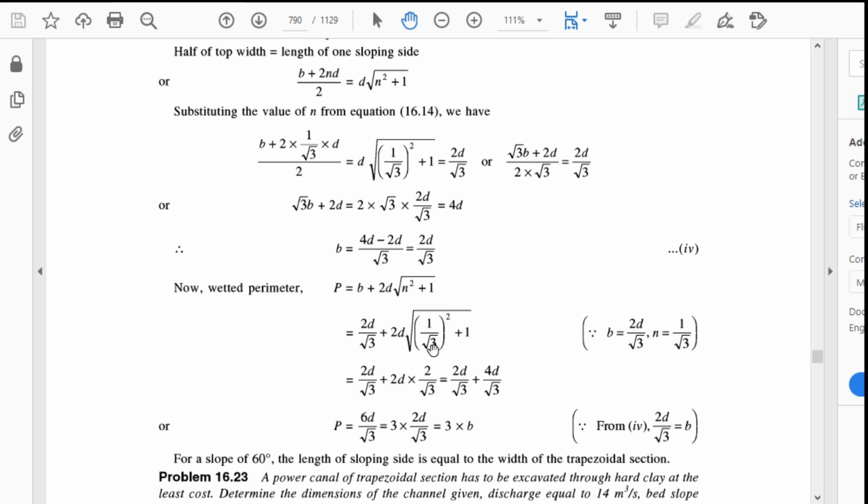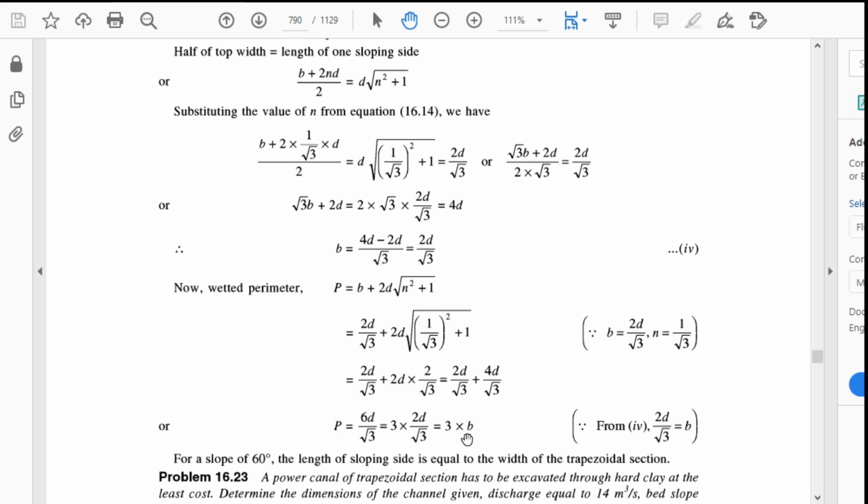For the best section, we simply substitute that b value and the n value in place of b and n. By simply doing the mathematical calculations, you will get the value of wetted perimeter as 3 times the b, 3 times the bed width.